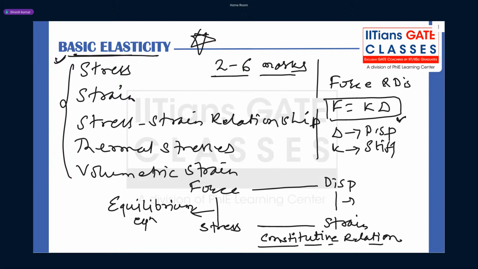And we know the difference between solid and liquid also, right? In case of liquid we use strain rate, in case of solid we use strain. Okay. And we already know that the relationship between force and displacement is K times delta. So this is the whole study we do in basic elasticity.